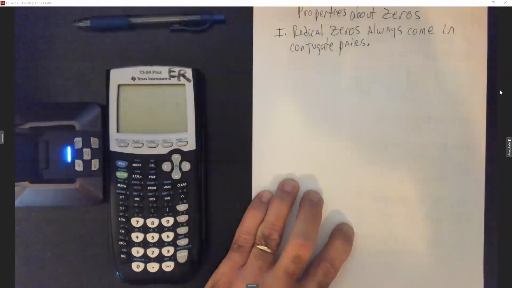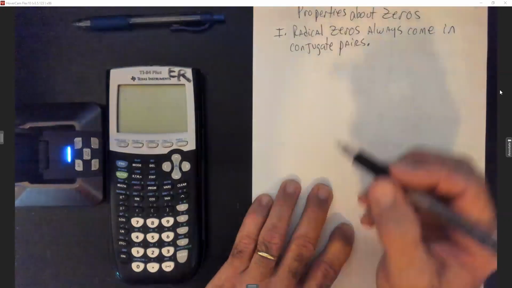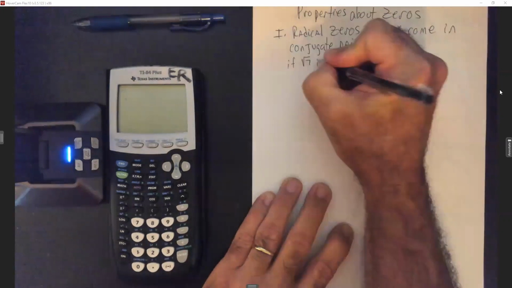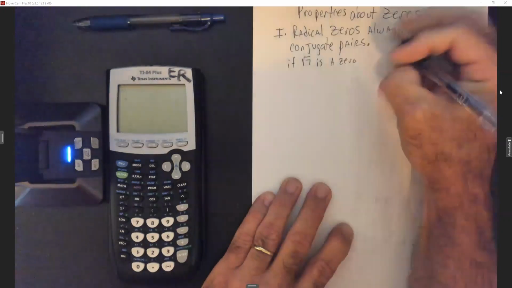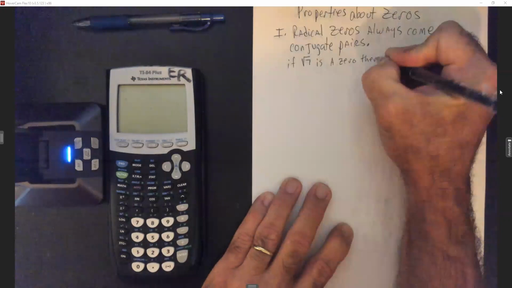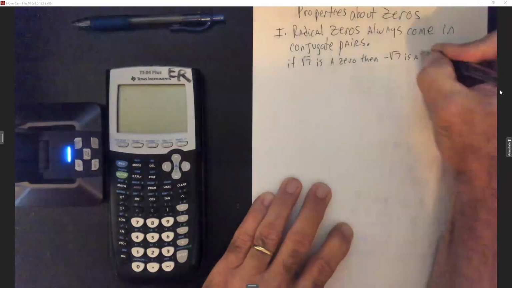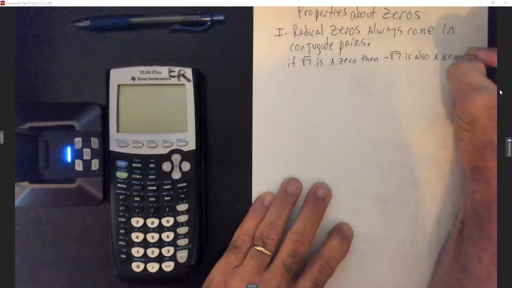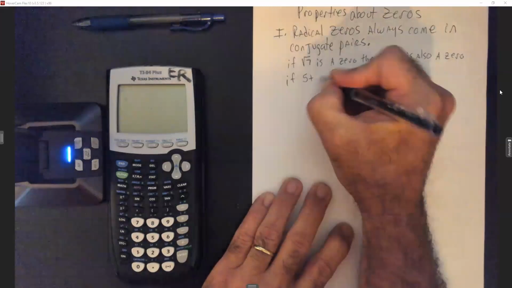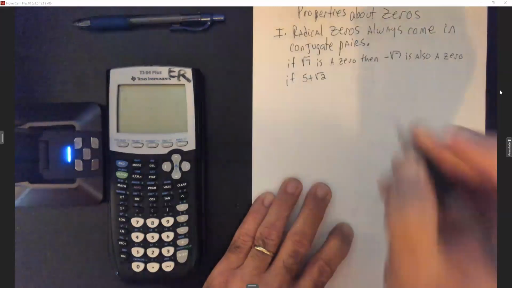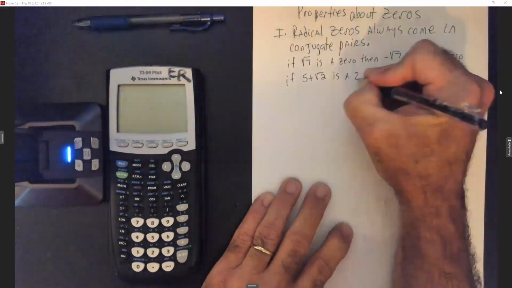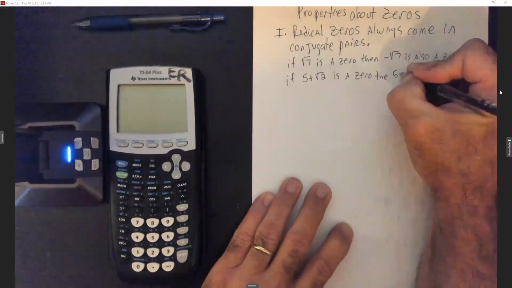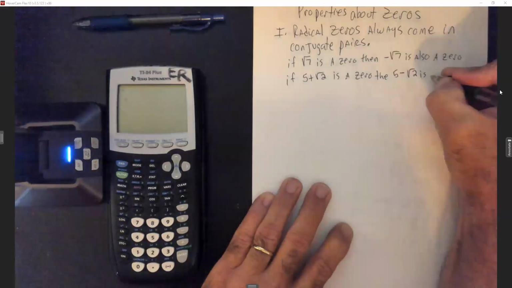So what that means is, if square root of 7 is a 0, then negative square root of 7 is also a 0. If 5 plus square root of 2 is a 0, then 5 minus square root of 2 is also a 0.